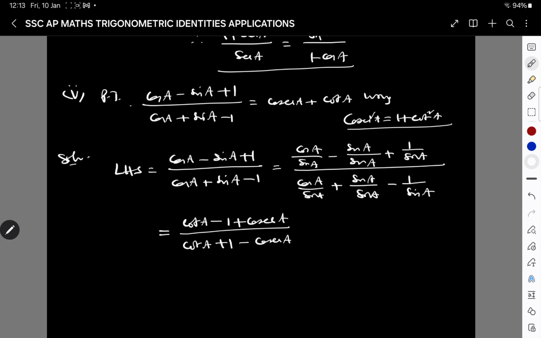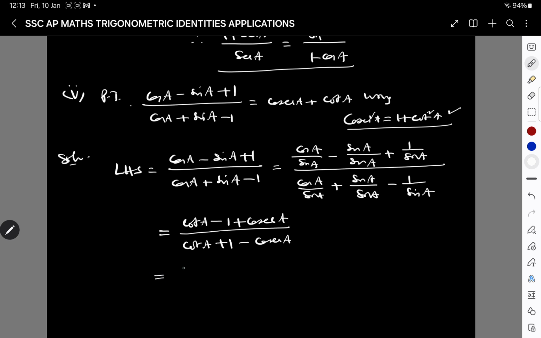A. Now you have to use this identity. So don't change the denominator, change only numerator. Otherwise you can, as in the previous case, multiply numerator and denominator by the same.